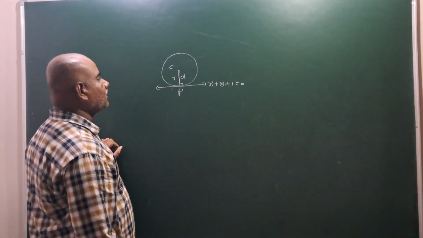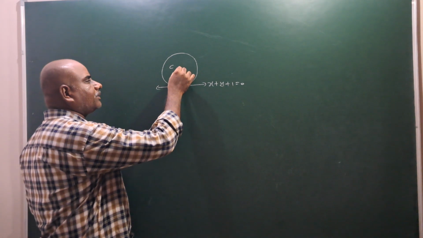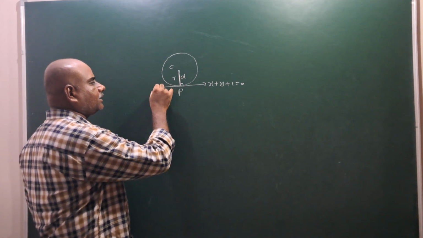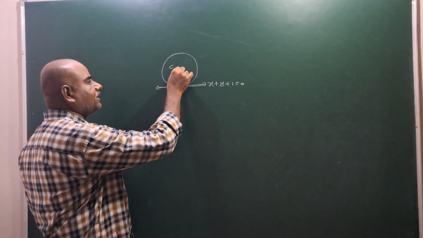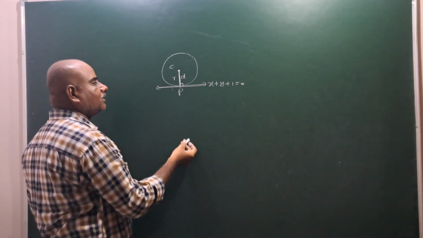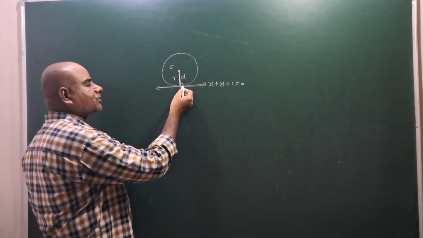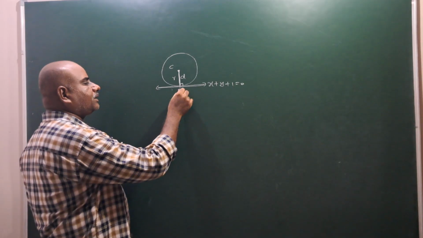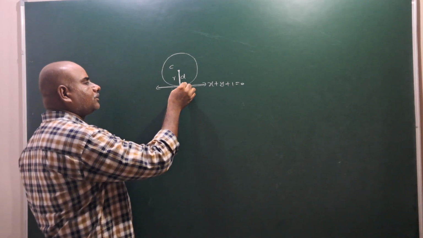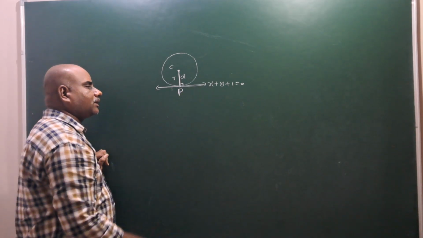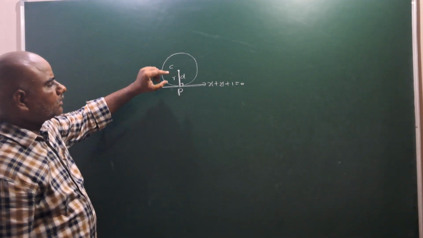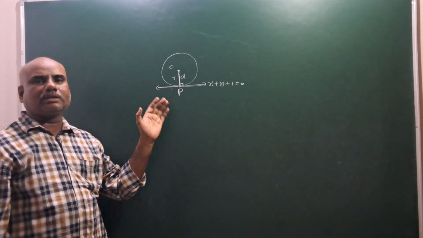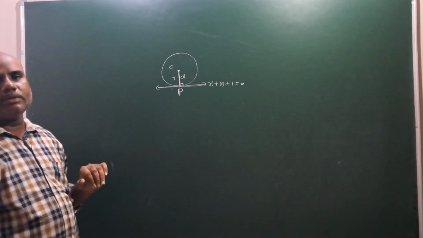By observing this, we have to draw a perpendicular from center to the straight line. This perpendicular is drawn from center to this straight line, and from this observation, the point of contact is nothing but the foot of the perpendicular. So by using the foot of the perpendicular formula, we can find the point of contact.